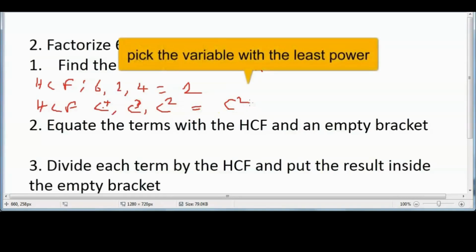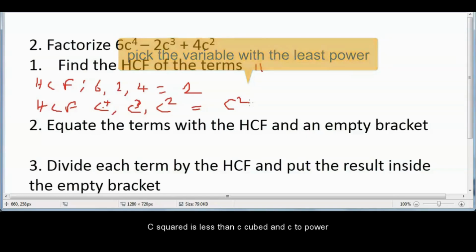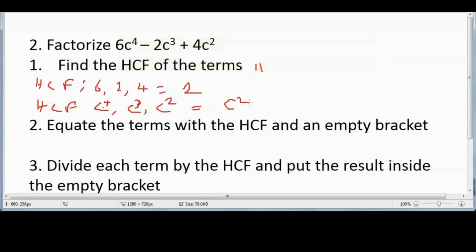As a rule of thumb, you pick the variable with the least power. c² is less than c³ and c⁴. So we combine the two: the HCF of 6c⁴, 2c³ and 4c² is 2c².